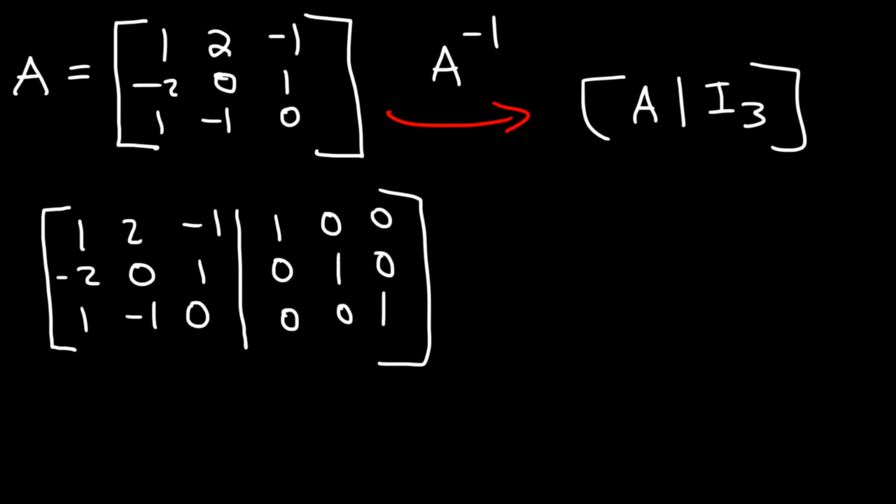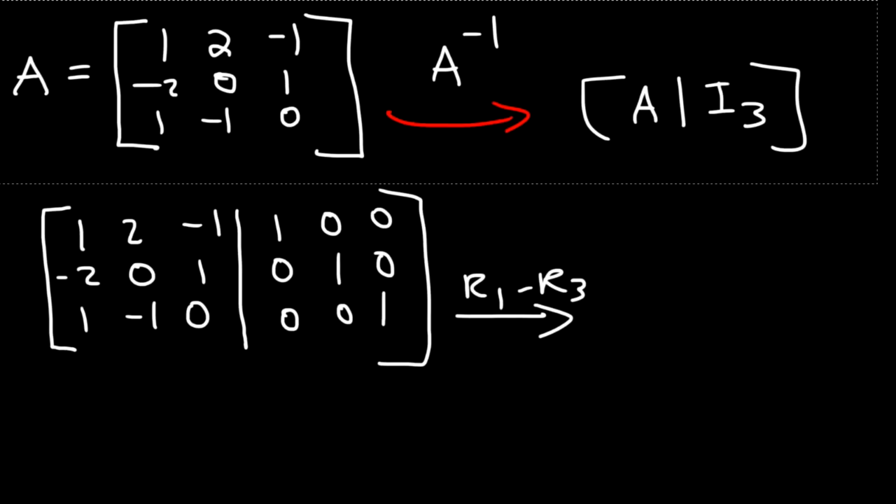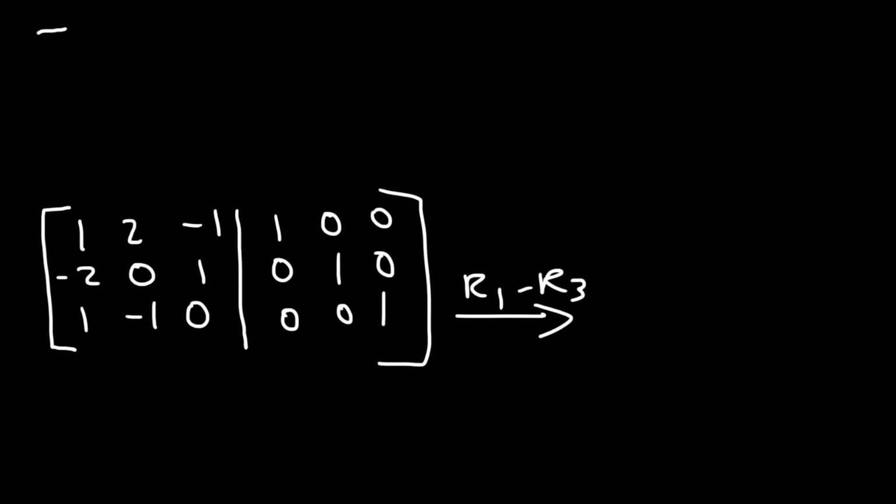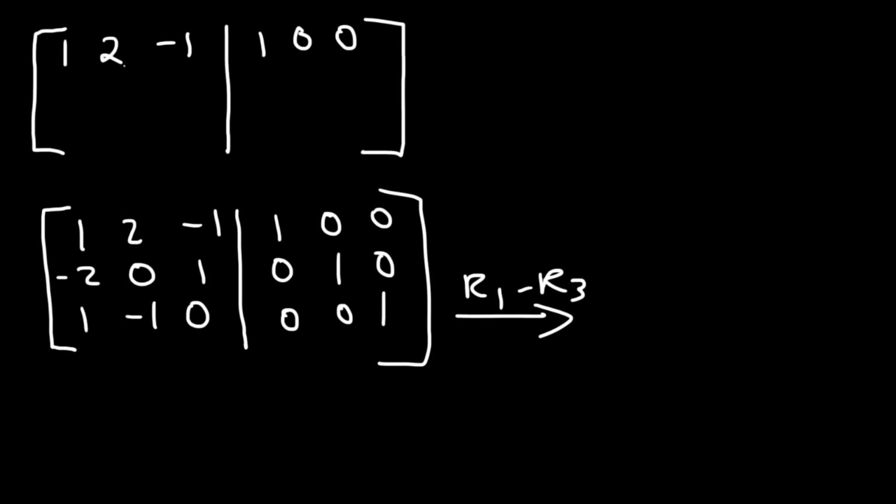So let's begin by turning this number into a 0. To do that, let's subtract row 1 by row 3. And let's apply the result to row 3. Now, row 1 is not going to change. So let's rewrite that. Row 2 is also not going to change as well.